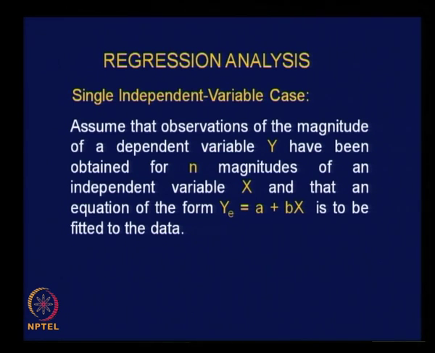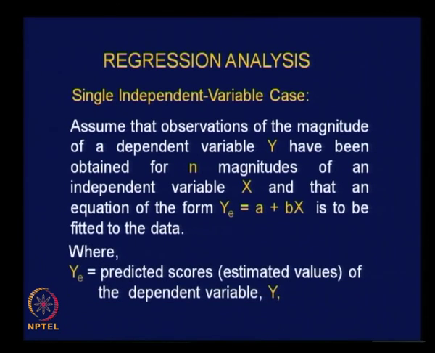From the relationship you can understand that we are basically assuming a linear relationship between x and y. It is an equation of a simple straight line. It need not necessarily be linear, but I have taken a very simple example to explain to you the basic concept of regression analysis.